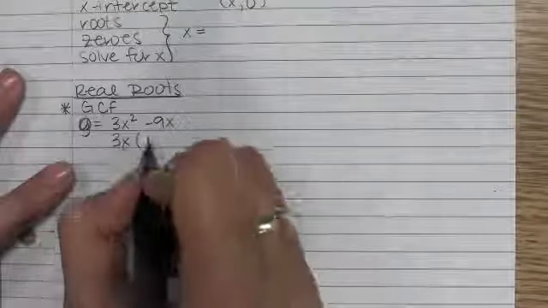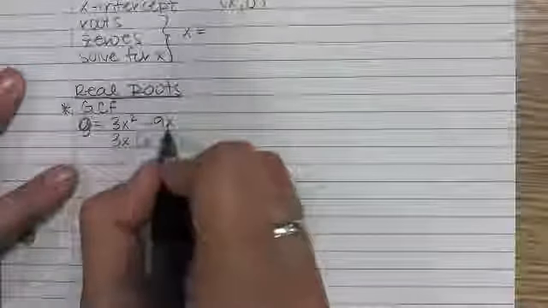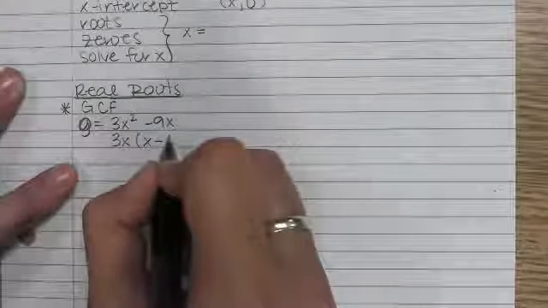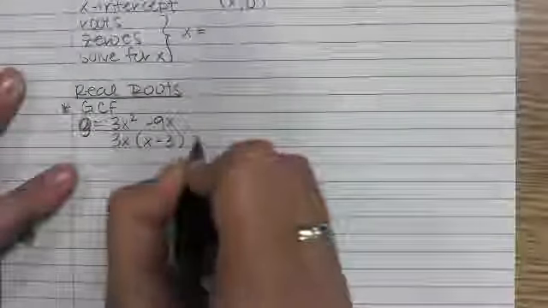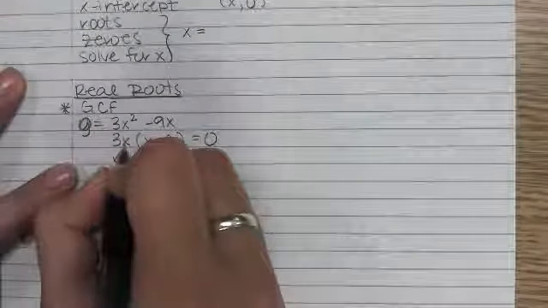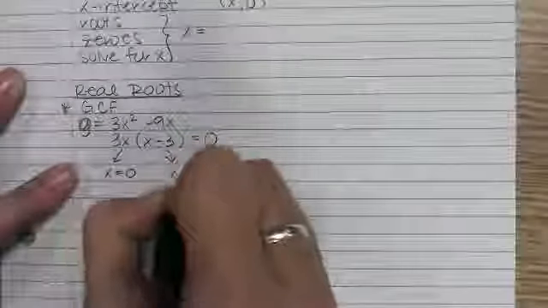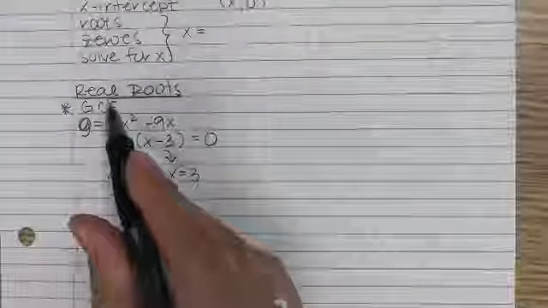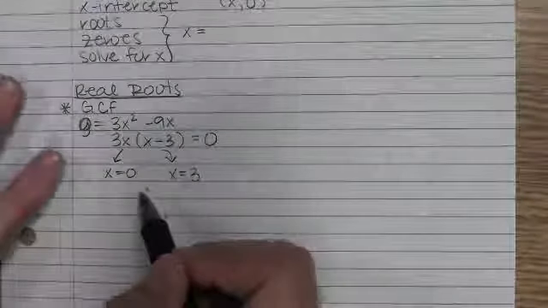So 3x squared divided by 3x would leave just an x left over. Negative 9x divided by 3x would be negative 3. So if we are solving here, we've got this x should equal 0, and that x should equal 3. And again, the way I labeled it, I said we were looking for roots. So since I said roots, we're able to just write it like that and call it good.